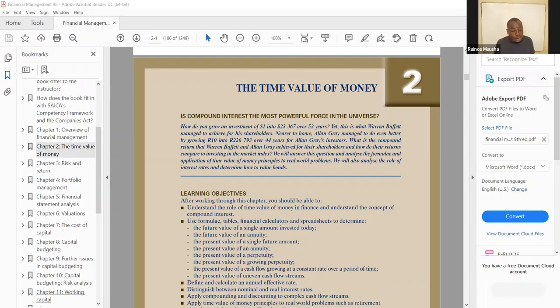So although we're going to introduce you to the formulas that you are expected to have learned at undergrad for time value of money, we are going to be concentrating more on the use of the financial calculator than the formulas, because it's quicker if you use the financial calculator, because some of the calculations that we're going to be doing are going to be using the financial calculator as well.